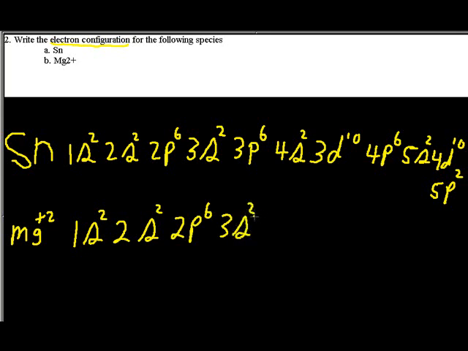But wait, this is what magnesium would look like, but it's lost these 2 electrons. So you would not include the 3s2 because that's what has been dropped, and instead you would simply end at the 2p6 value.